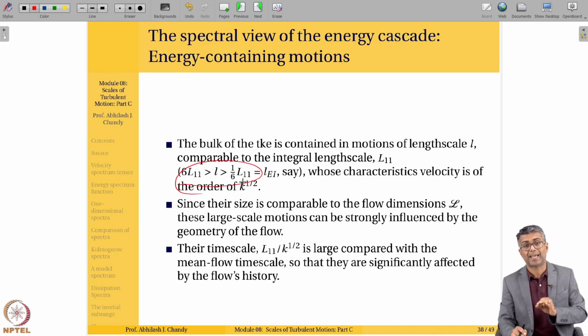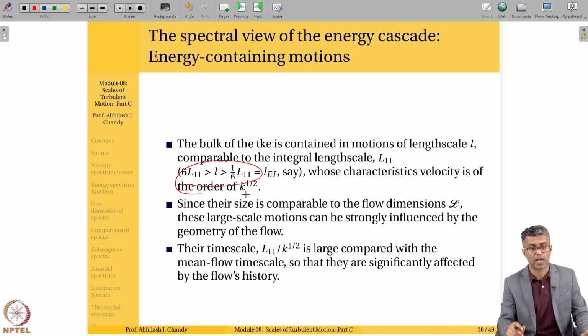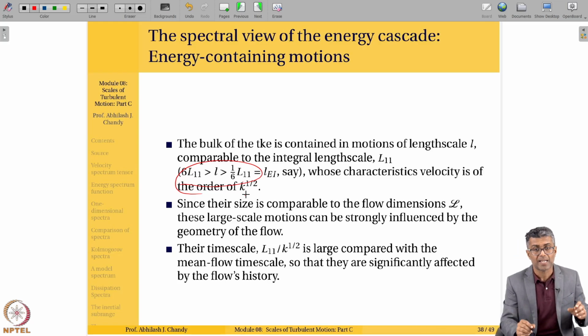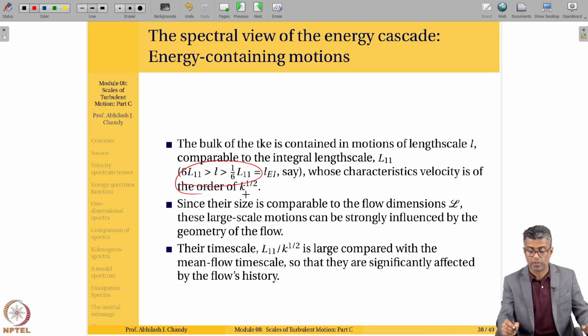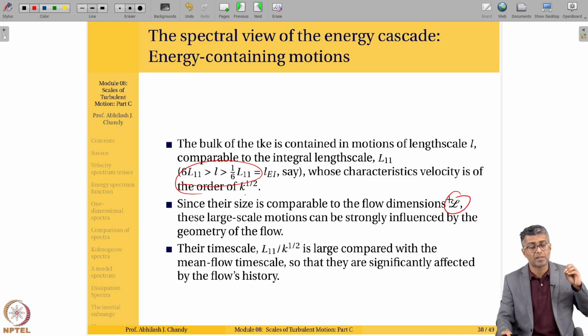Now here, the characteristic velocity is of the scale k to the half, because U is square root of turbulent kinetic energy, of the scale. We are not saying it is equal to. The other thing is, this L_EI or L11, that size is comparable to the flow dimension, and the flow dimension is your fancy L, your characteristic length scale. So the large scale motions are significantly influenced by the geometry of the flow.